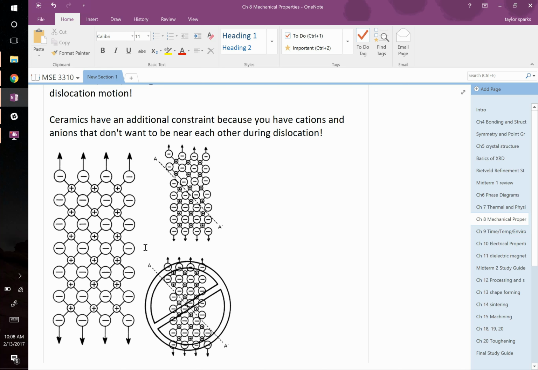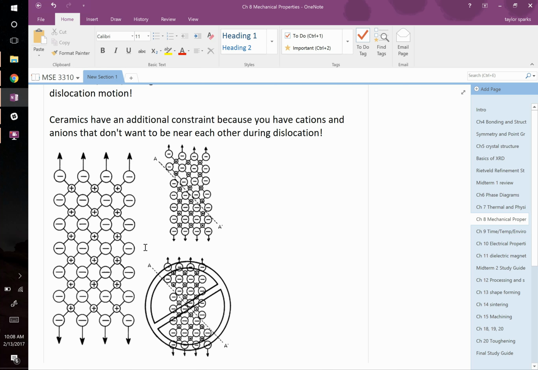The real reason, even in ionic systems where you don't have that happening, is look what has to happen. As this thing slides past one another, it has to go from being a negative bonded to a positive, which it likes, and it's very close to those two. It has to slide past negative to negative, positive to positive, right? So there's massive electrostatic repulsion as it does this. Metals don't care, because metallic bonding is just sharing electrons.